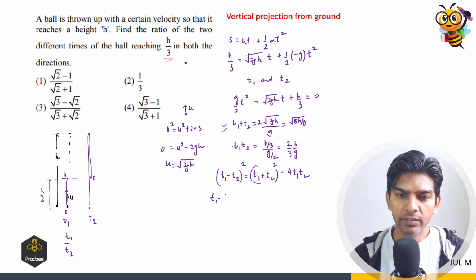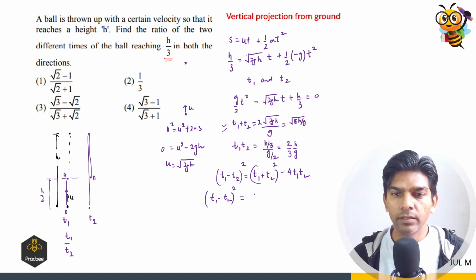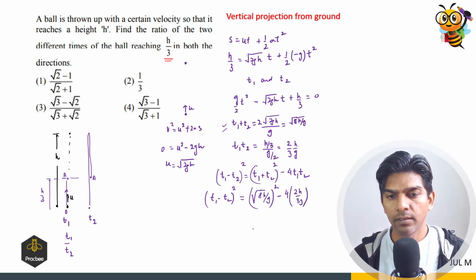So t1 minus t2 square will be equal to root of 8 h by g, squared, minus 4 times 2h by 3g. So this can be written as 8h by g minus 8h by 3g.